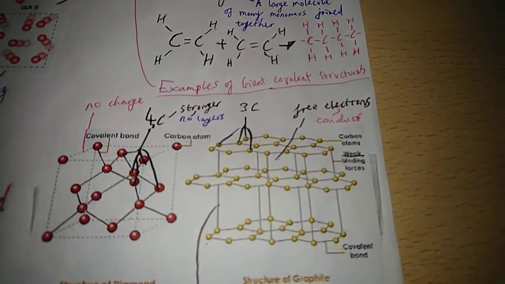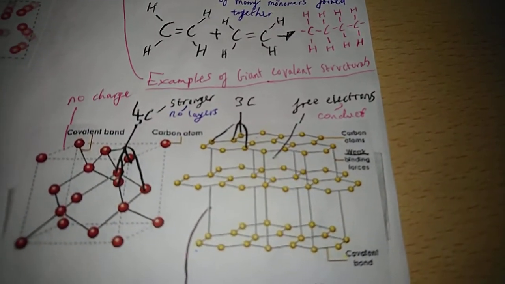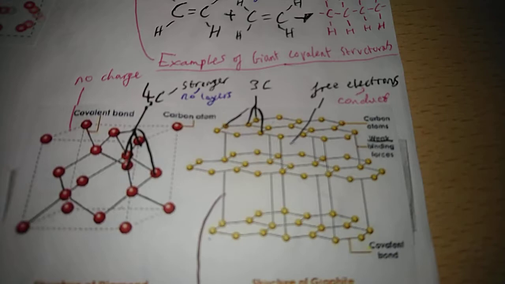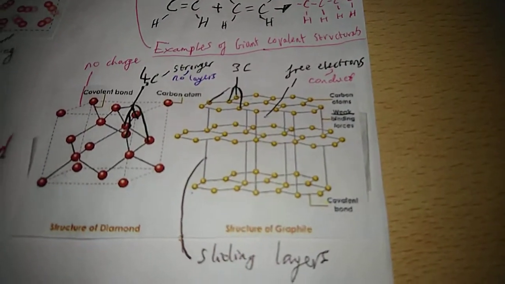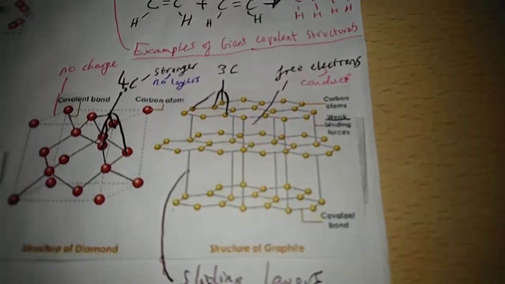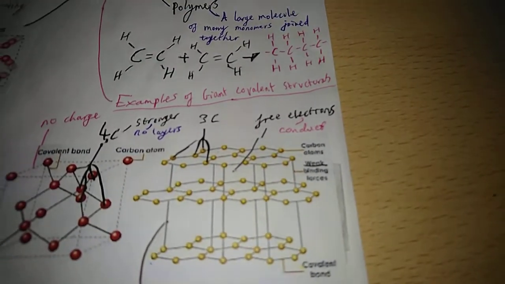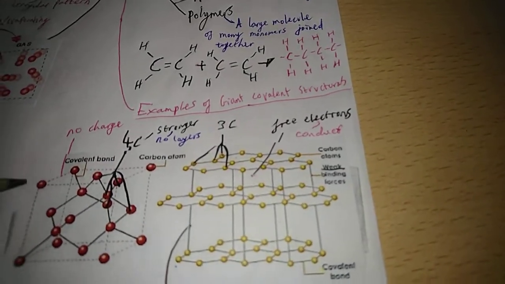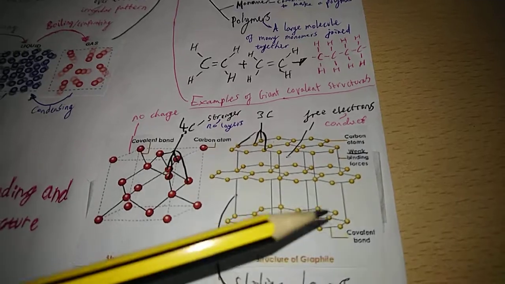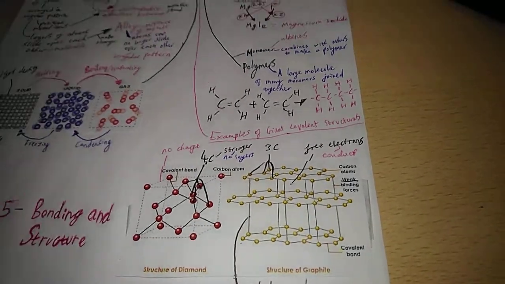However, in graphite, there are free electrons which conduct electricity, and there are only 3 carbons bonded together. There are also weak forces between these layers, which means that just like in metals, layers can slide over each other. An important thing to know is that these are all carbon atoms, and the bonds on the individual layers are covalent bonds.